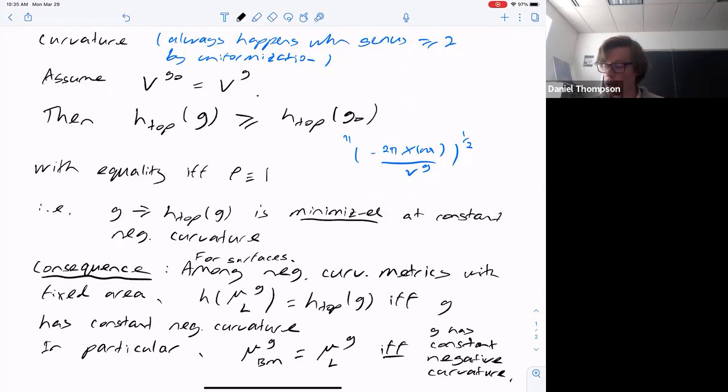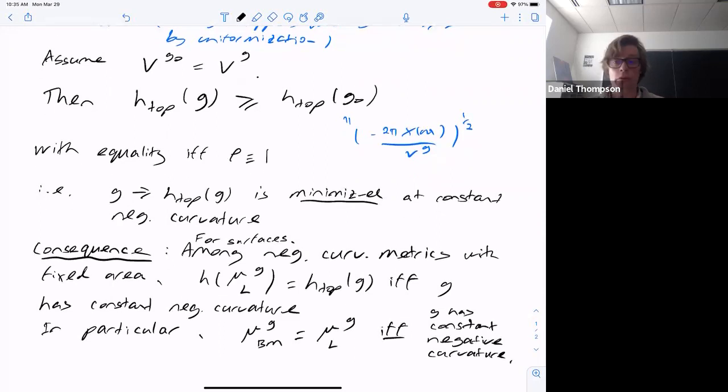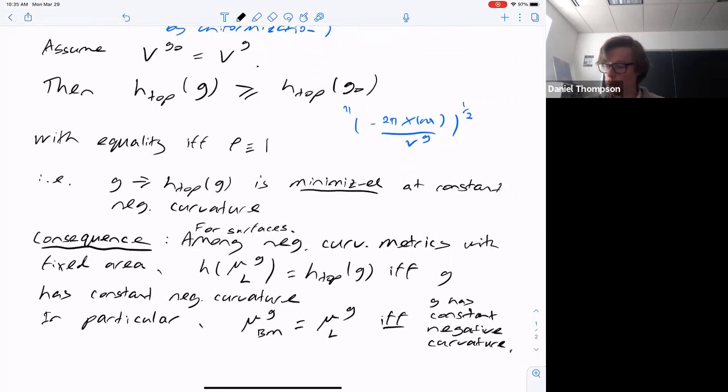Maybe at the end of this lecture, I'll start saying what's known towards that. There are some things known towards that, but you would like to say that among negative curvature manifolds, you only get these two measures matching up. Well, not quite constant negative curvature.